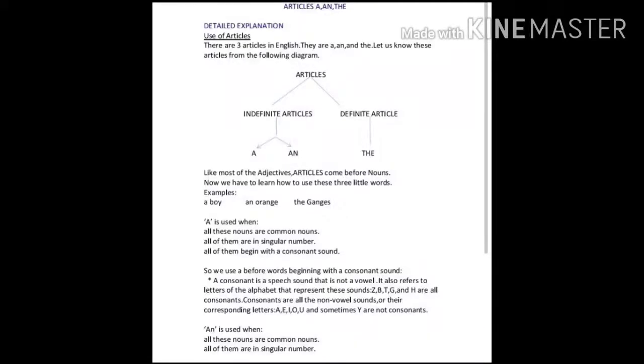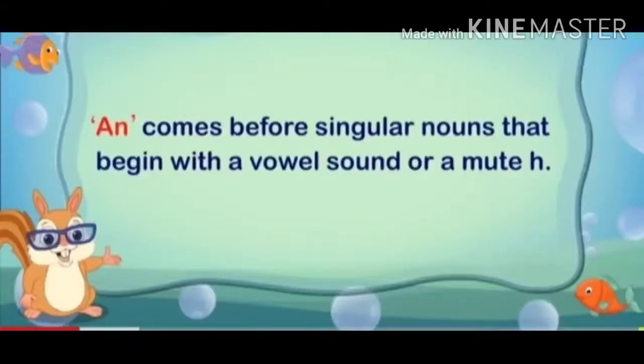Z, B, T, G and H are all consonants. Consonants are all the non-vowel sounds or their corresponding letters. A, E, I, O, U and sometimes Y are not consonants. Now students, an comes before singular nouns that begin with a vowel sound or a mute H.